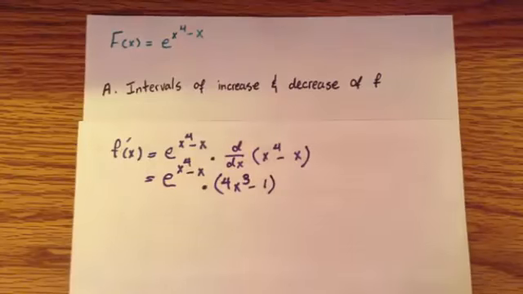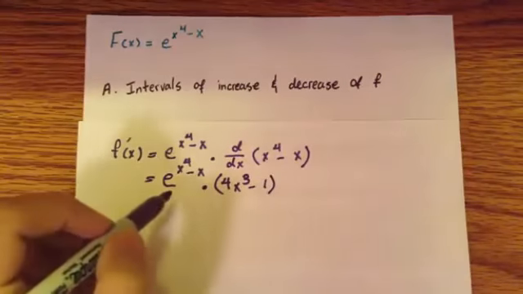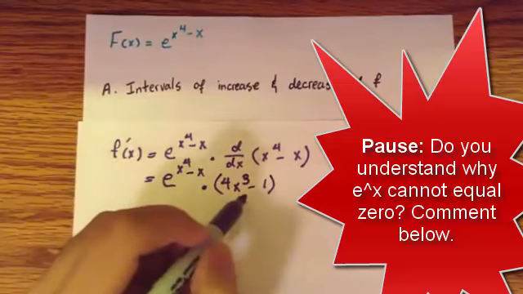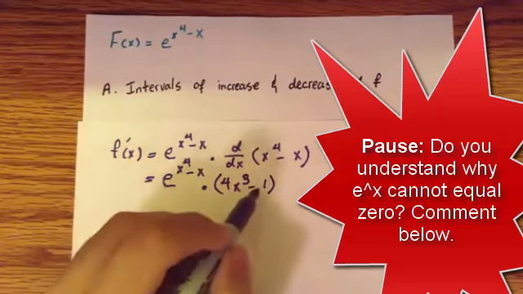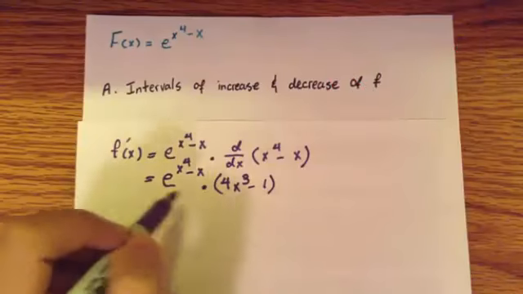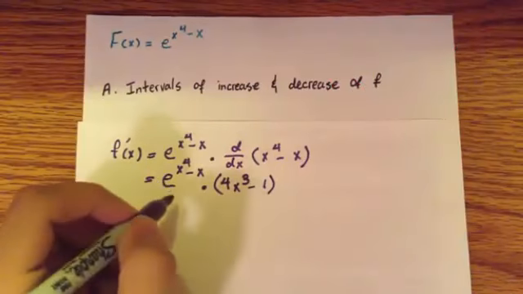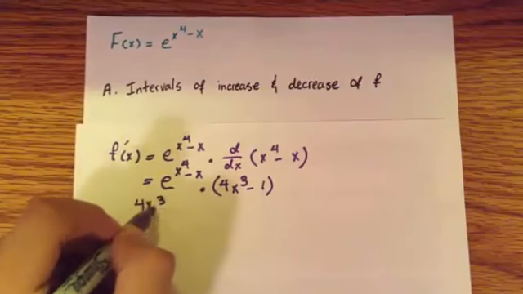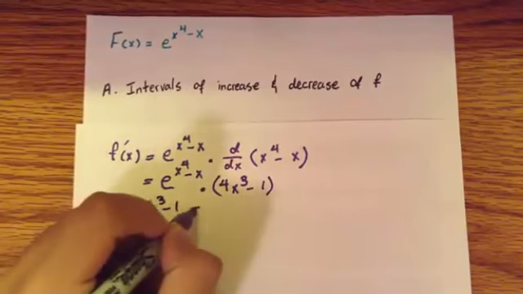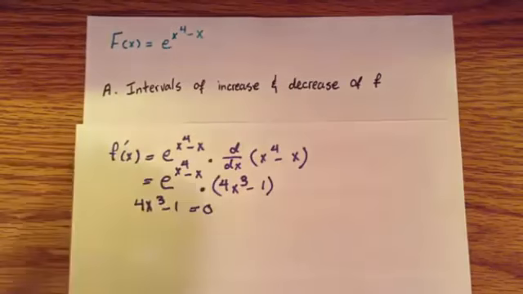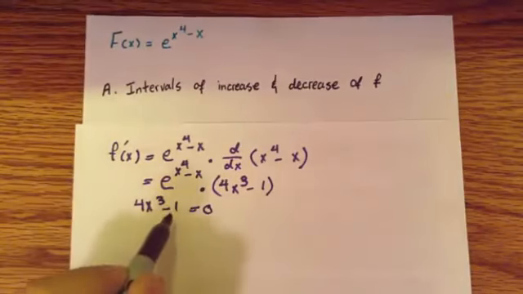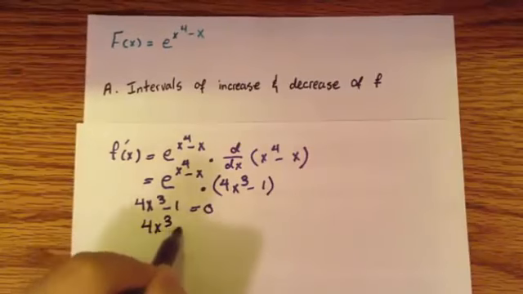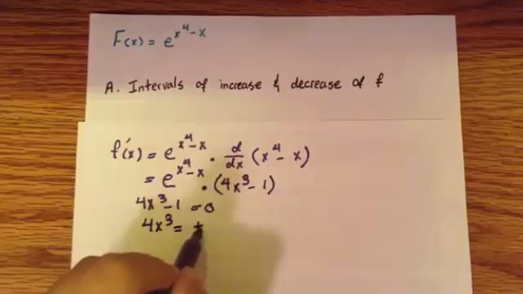Now, we already know that e to that power cannot be equal to 0, so we're not going to worry about that. But we have 4x cubed minus 1 equal to 0. And then we move the negative 1 to the other side, so we have 4x cubed equals positive 1.